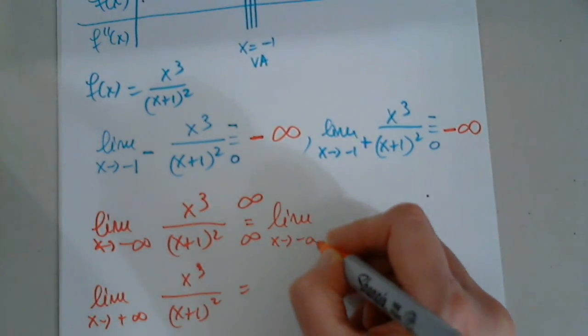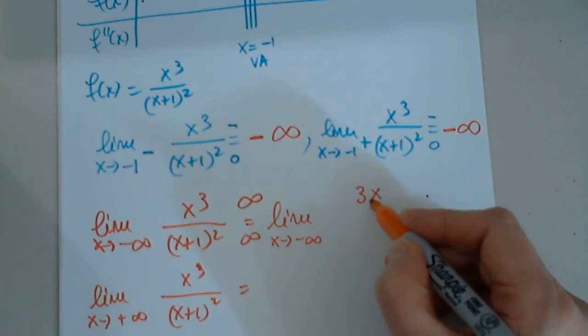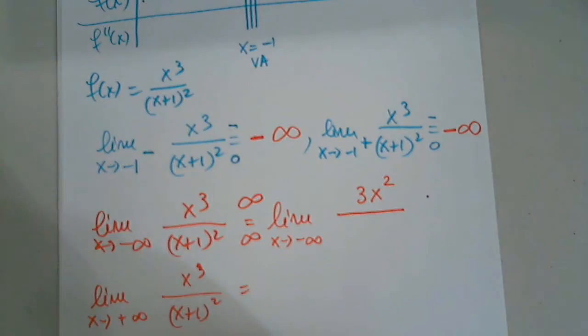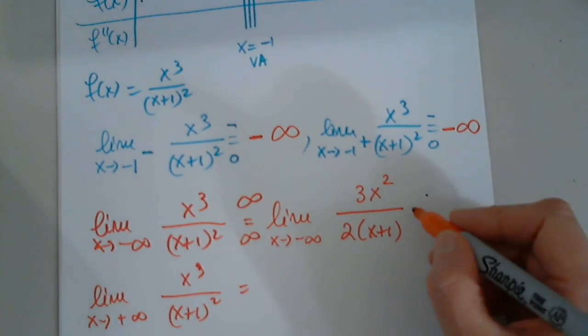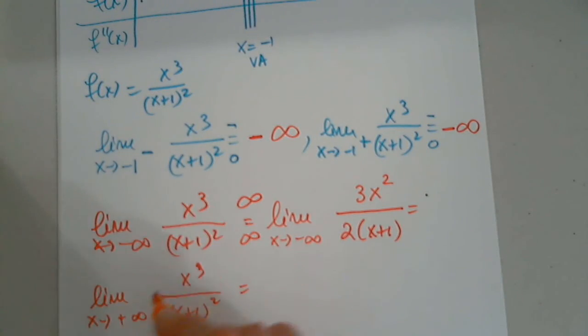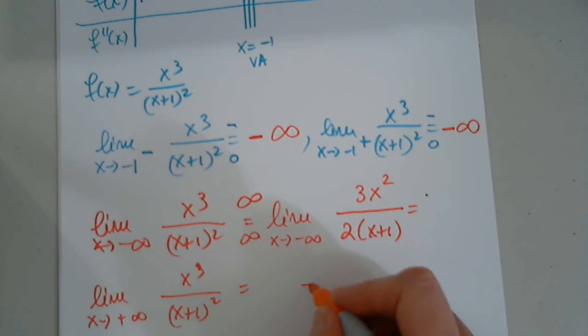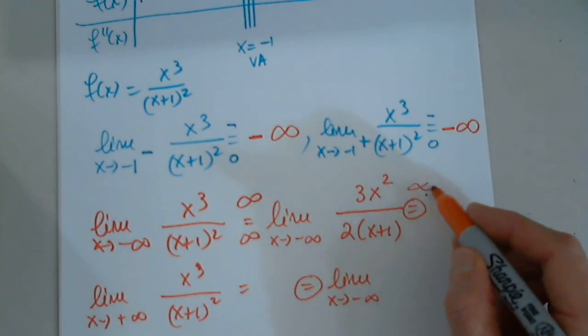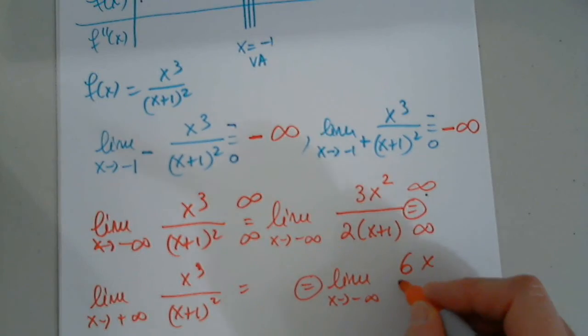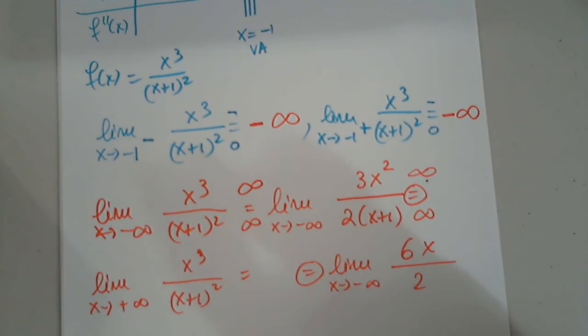Limit as x approaches -infinity. This is 3x squared over 2 times x plus 1. I continue. I should not have written that in here. Sorry about that. So limit as x approaches -infinity. It's still infinity over infinity. So it's 6x divided by 2.